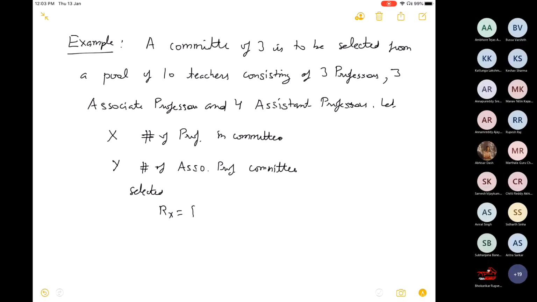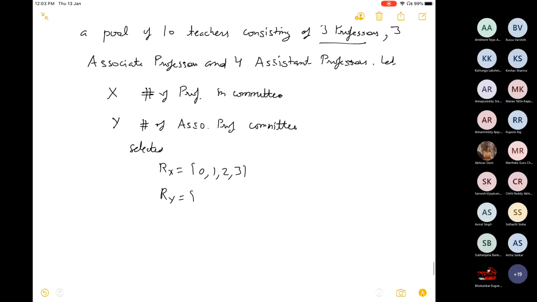X can take values 0, 1, 2, 3, because a maximum of 3 can be selected, and similarly Y can take values 0, 1, 2, 3, because a maximum of 3 associate professors can be there.